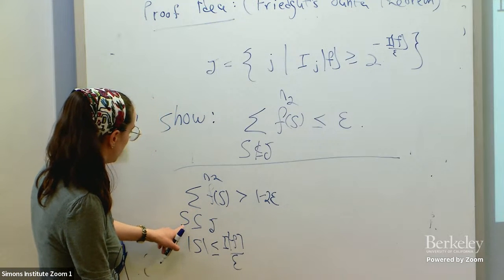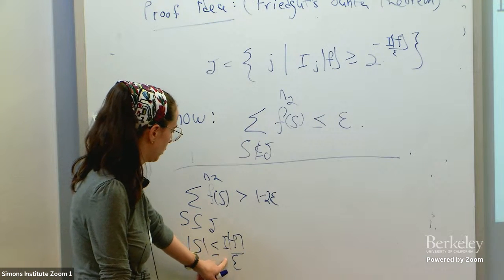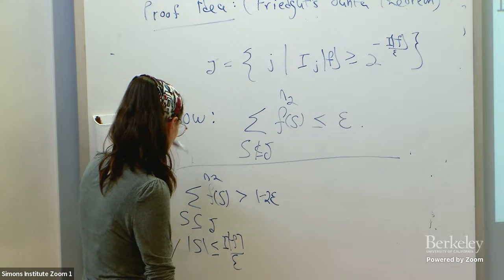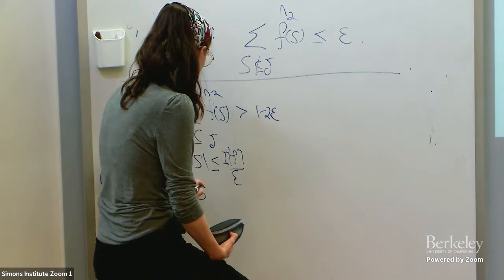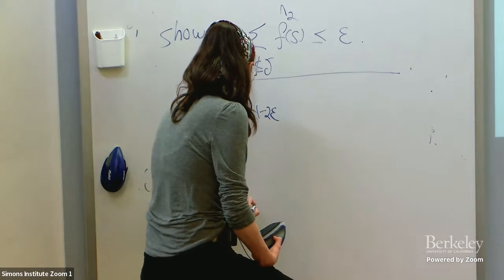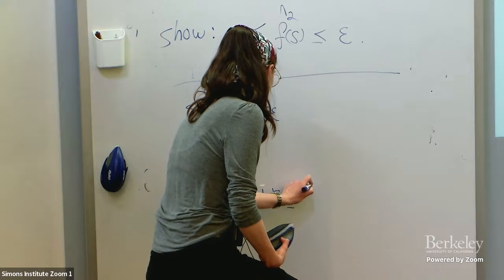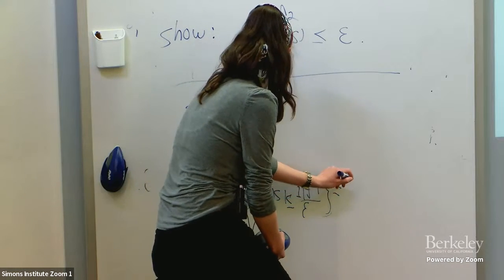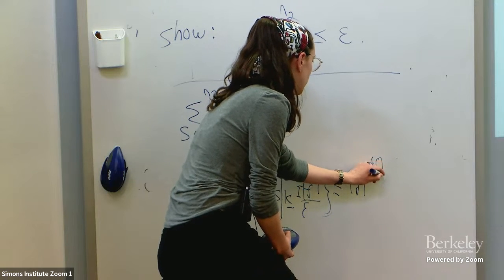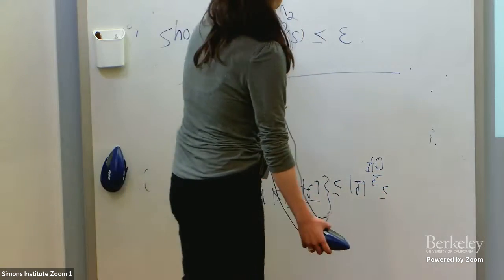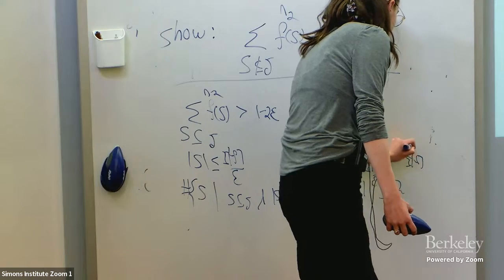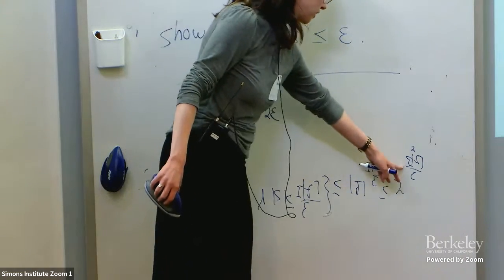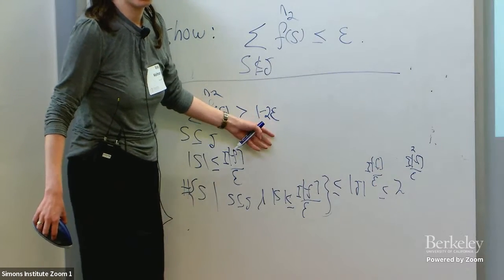We need to choose subsets of J of size at most the total influence over epsilon, and all of them are contained in J. So the number of characters S in J is at most J to the influence of F over epsilon, which is at most 2 to the influence squared. So we have that many characters that altogether have almost all the weight.